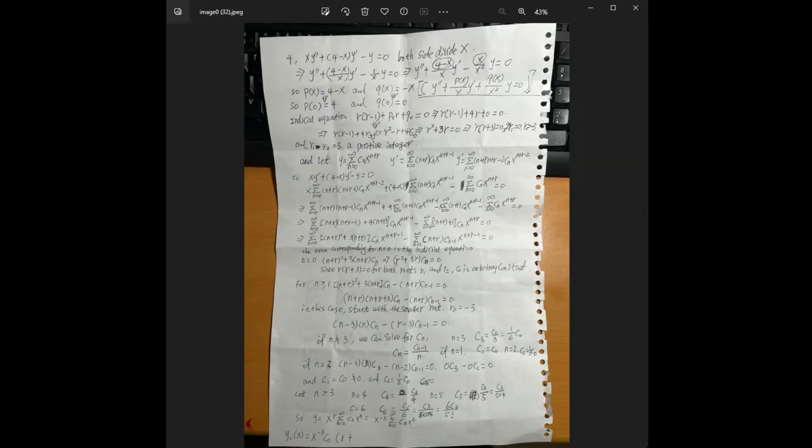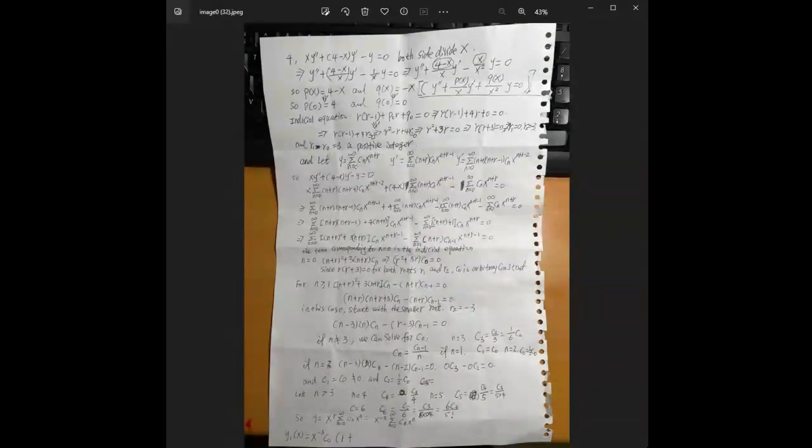So n cannot be 3, because if it is 3 it becomes 0. That's why n cannot be 3. So we have figured out Cn equals Cn minus 1 over n, because I calculated this equation.